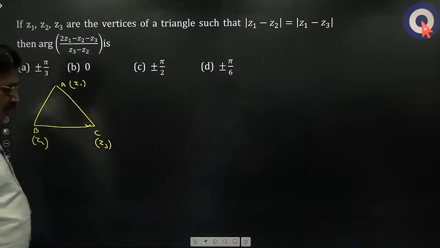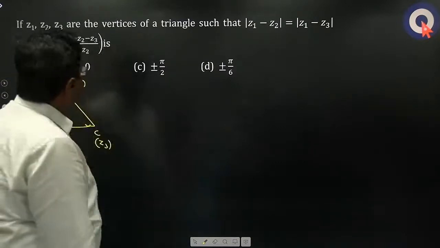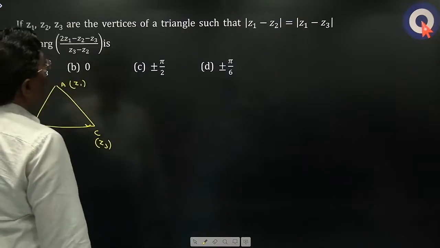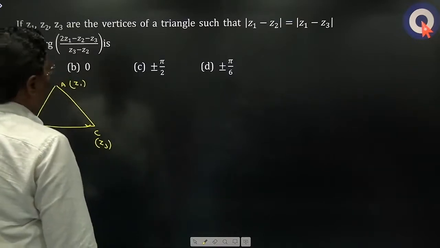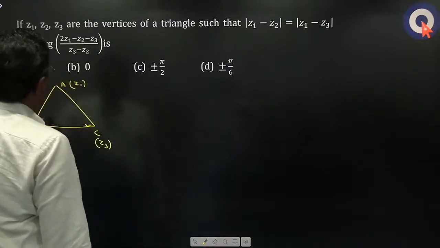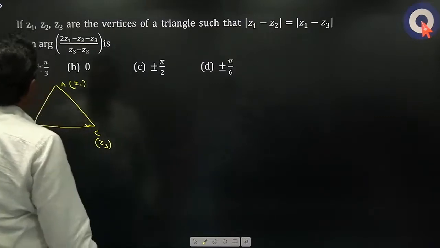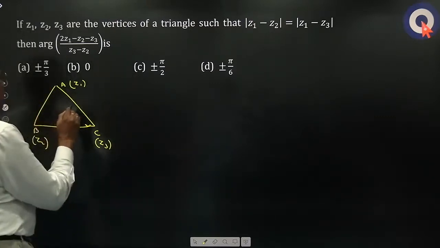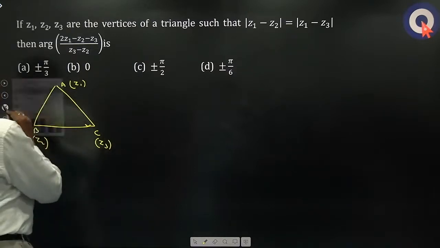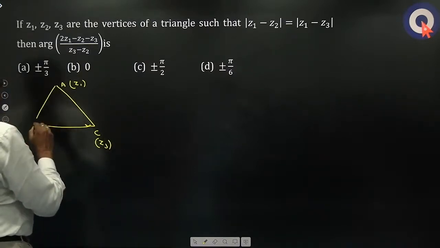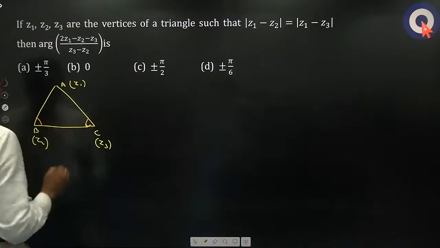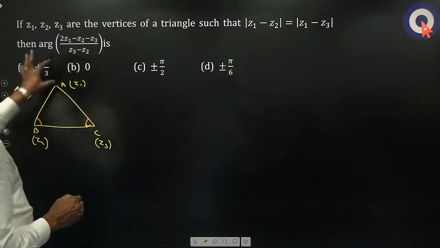Z1, Z2, Z3 is the triangle to be considered here, and mod of Z1 minus Z2 is equal to mod of Z1 minus Z3. So that means what is given is these two sides are the same. So therefore, these two angles are the same basically.